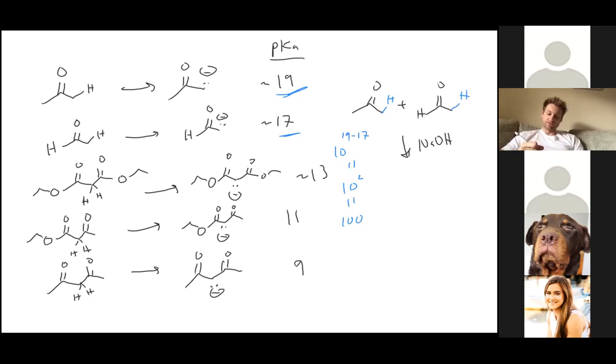So 19 minus 17 is 2, which is 10 to the 2, which is 100. So there's 100 times more likelihood of deprotonating our aldehyde versus our ketone. If I add NaOH in solution with the two of these, I'm going to make this negative charge on my aldehyde because it has a lower pKa. If you want to work with the math, you can, but for the most part, just lower pKa means that's the one that's going to get deprotonated.